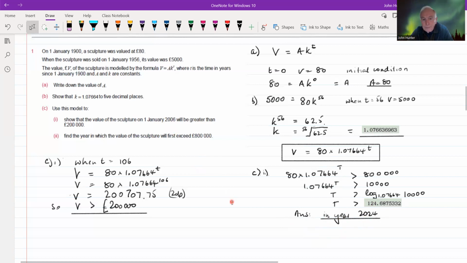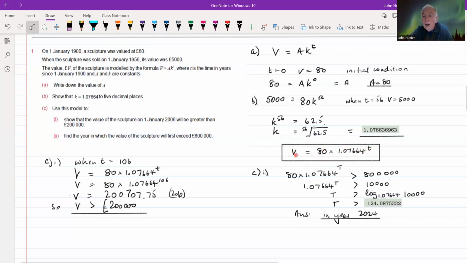Okay, so this is quite a typical form of problem where we have our problem, we have to apply our boundary conditions to get the resolved equation. Then we use the equation first of all to find a value of V for a given value of T, which is nice and straightforward because V is the subject of the equation.